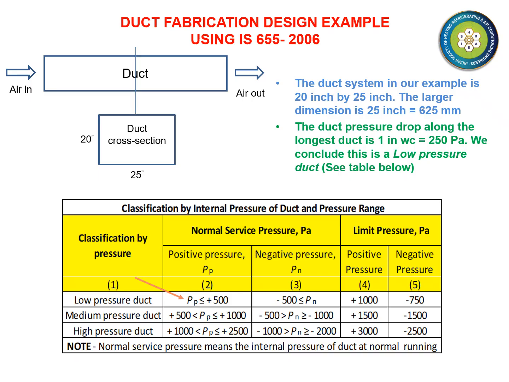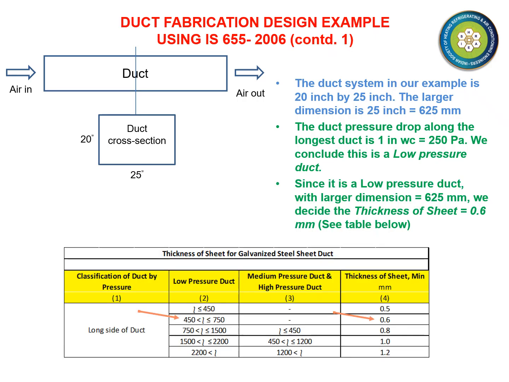The ducts therefore get classified as low pressure ducts. The recommended thickness of GS sheet is therefore 0.6 millimeter as shown on this slide.